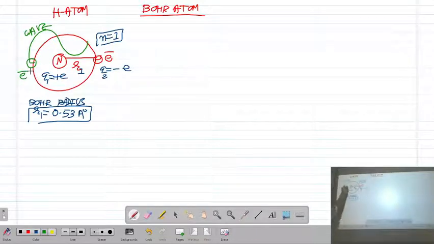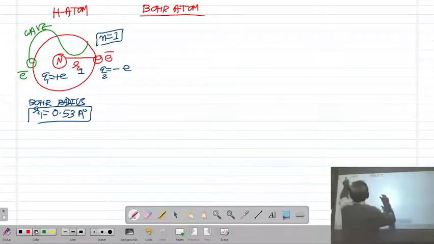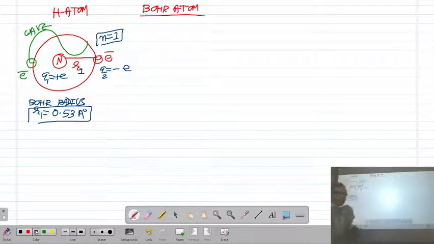So let us examine the wave behavior of the electron revolving in the orbit n equal to 1 around the hydrogen nucleus, of radius r1 equal to 0.53 angstrom.